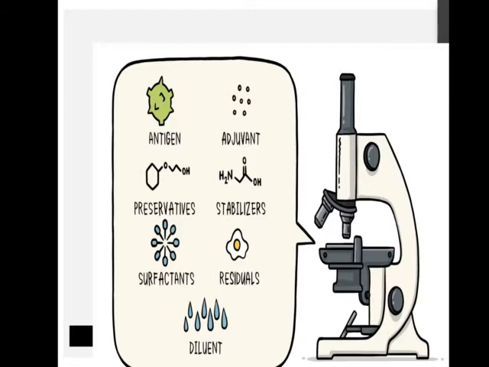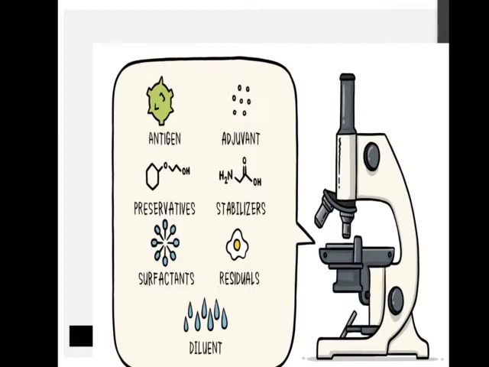And also they help them for not sticking to the vials of the vaccine. Now, the examples of the stabilizers are sugars, amino acids. Examples of sugars are lactose and sucrose. Amino acids such as glycine and also gelatin and protein are also used as stabilizers.